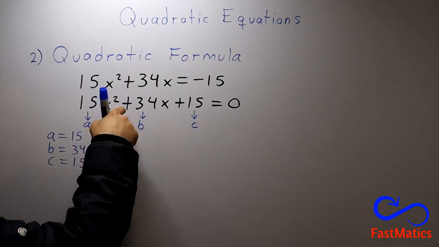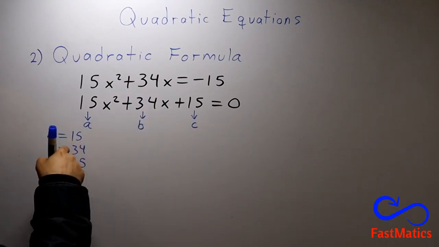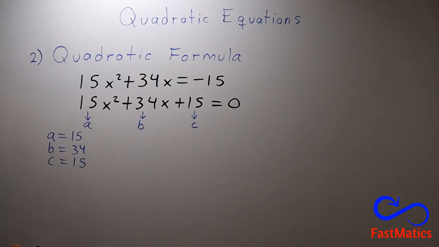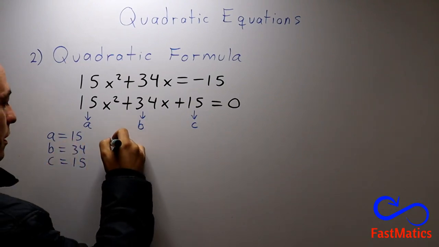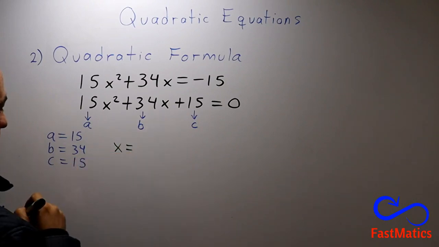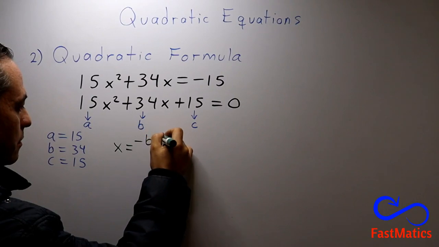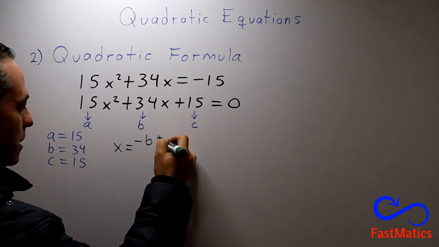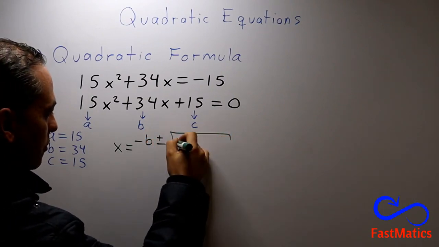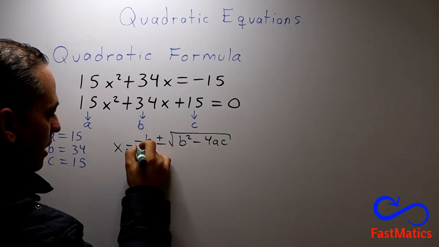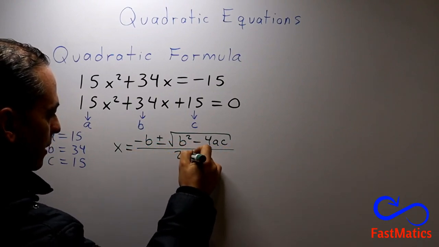If we have negative 34, we have to write here negative 34. You cannot forget it. And after that, we're going to write the quadratic formula. You have to remember that very, very well. So x is equal to negative b plus or minus the square root of b squared minus 4ac, and everything divided by 2a.